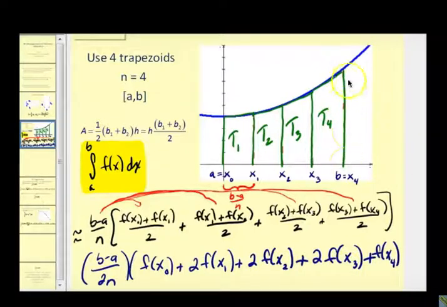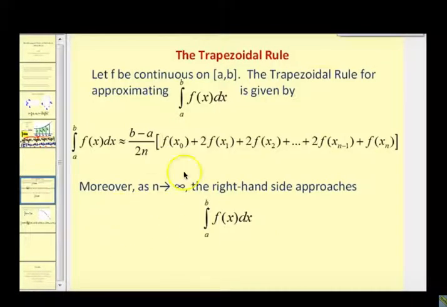But function of x4 is only used once, because it's only for the outside trapezium, and function of x0 is only used once as well. Okay? The pattern of these coefficients: we have 1, 2, 2, 2, 1. So we'll always start with a coefficient of 1, then we'll have 2s, and we'll end with a 1, regardless of what n is. Let's go ahead and formalize the trapezoid rule.